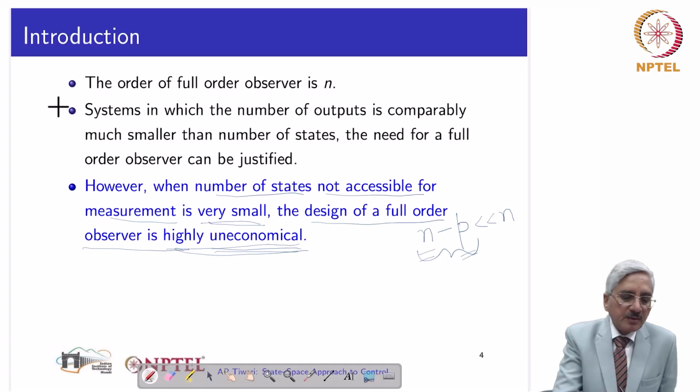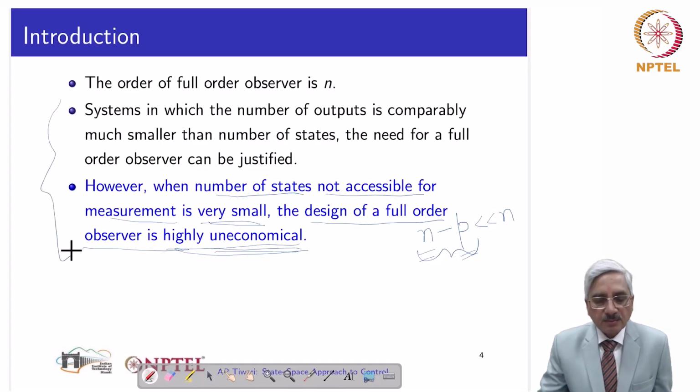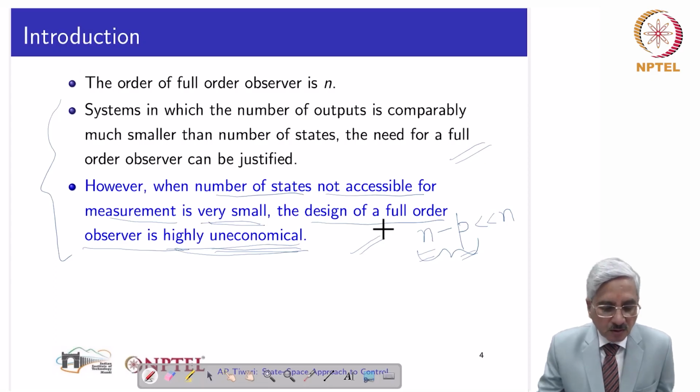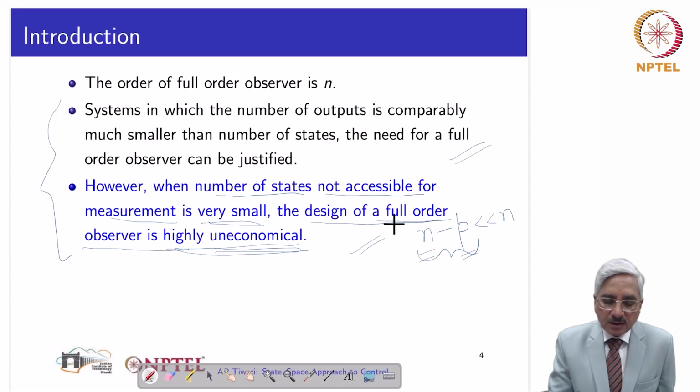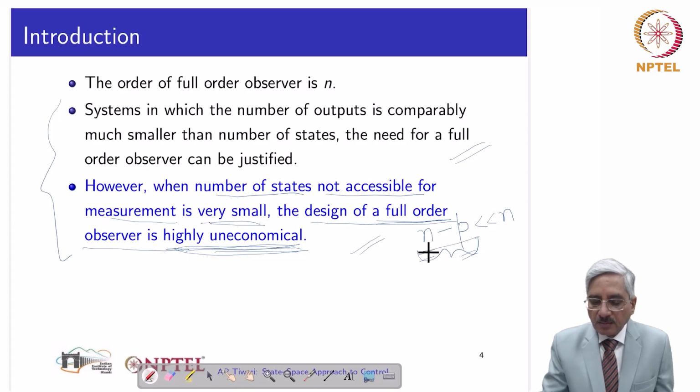Otherwise, these may not be valid in today's parlance if the implementation is on some kind of a hardware which will essentially remain the same for this as well as for this. But still, from the viewpoint of computations involved, not only the necessary hardware resource, a full order observer is still computationally uneconomical if the number of states which are not accessible for measurement is much smaller than the order of the system.